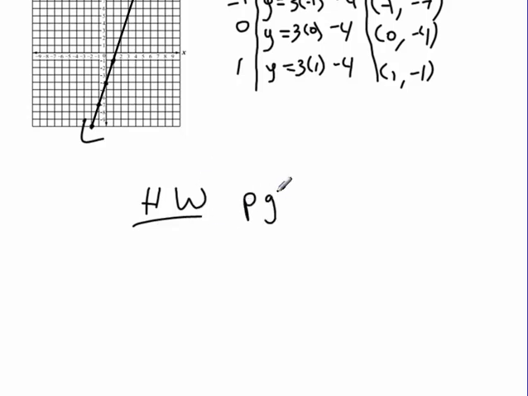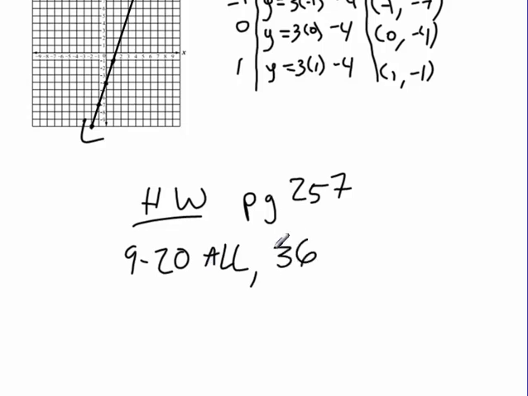We're going to be on page 257. I want to do 9 through 20. All, by the way. That is an all. And I like problem 36. Alright, so I want to do these problems for our homework. And we'll discuss more in class.